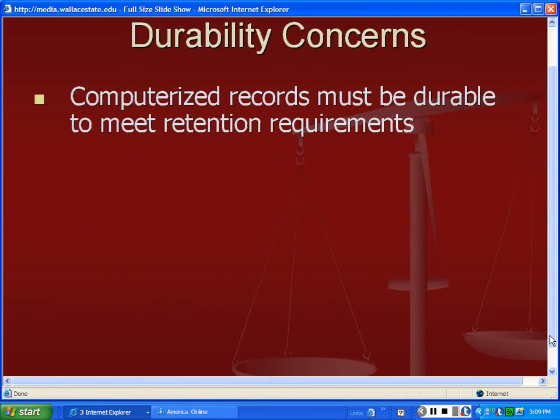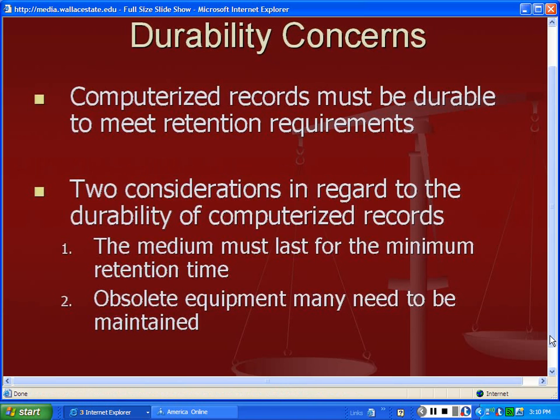And you know how computers get obsolete so fast, and computer systems do, so that's something we have to think about. If we have it saved in a certain form, are we going to be able to access the information for that time period that we're required to keep the records? And so two things we have to consider, these two durability concerns. That the medium, just meaning what are we keeping it on, must last for the minimum retention time.